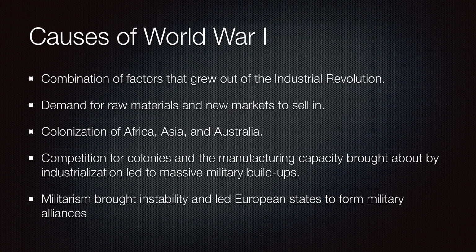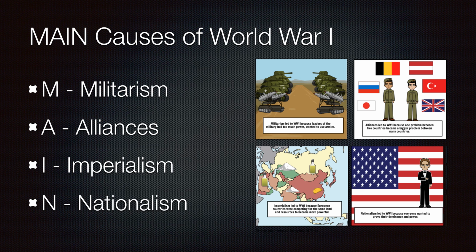However, these alliances tended to be secret and unstable, which had the effect of intensifying competition and distrust. This intensification of competition and distrust fostered nationalism among both the great powers of Europe and the suppressed ethnic groups like the Slavs. So here are our four main causes of World War I: militarism, alliances, imperialism, and nationalism.